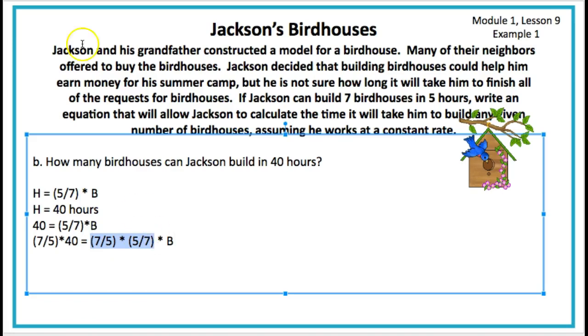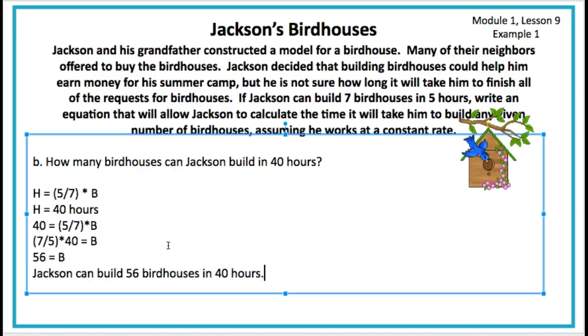These two cancel each other out, so we'll go ahead and delete this section. So we end up with 7/5 times 40. And so we know 7/5 times 40 is equal to 56, which equals our number of birdhouses. So we'll add a sentence below: Jackson can build 56 birdhouses in 40 hours.